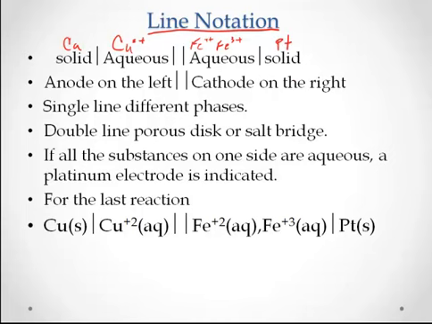That represents the galvanic cell. Now, if both of these were aqueous, I would have another platinum electrode over here, and I'd have two ions there. So that's how we represent that.